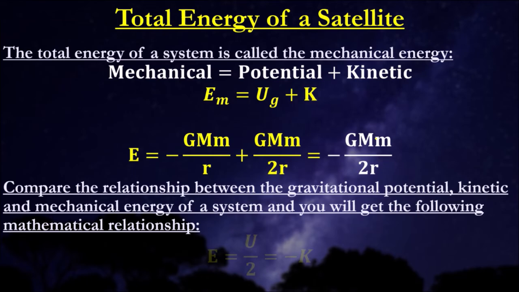And we have another nice little way of expressing this. We can say that the total energy is equal to half the amount of the gravitational potential, but it is the same value as the satellite's kinetic energy, except it's a negative value of it. Or they are opposite values to each other.